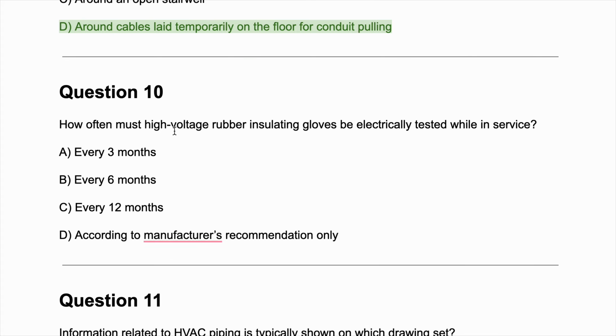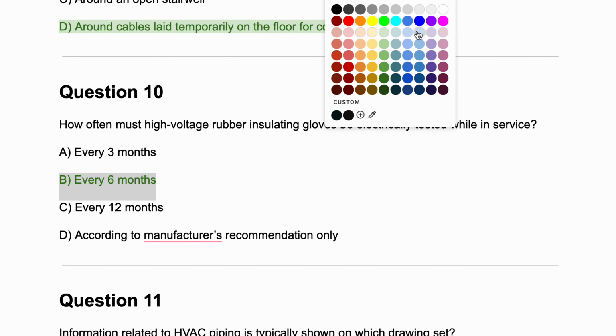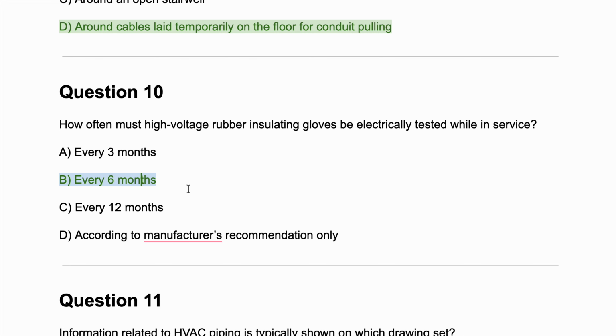Okay. How often must high voltage rubber insulating gloves be electrically tested when in service? While in service, how often? Because it's in service, we use it. Sometimes we use it, sometimes we put it in the warehouse or on the shelves. When we use it, it's every 6 months, depending on the rule. But when we buy it from the shop, it can be every 12 months.